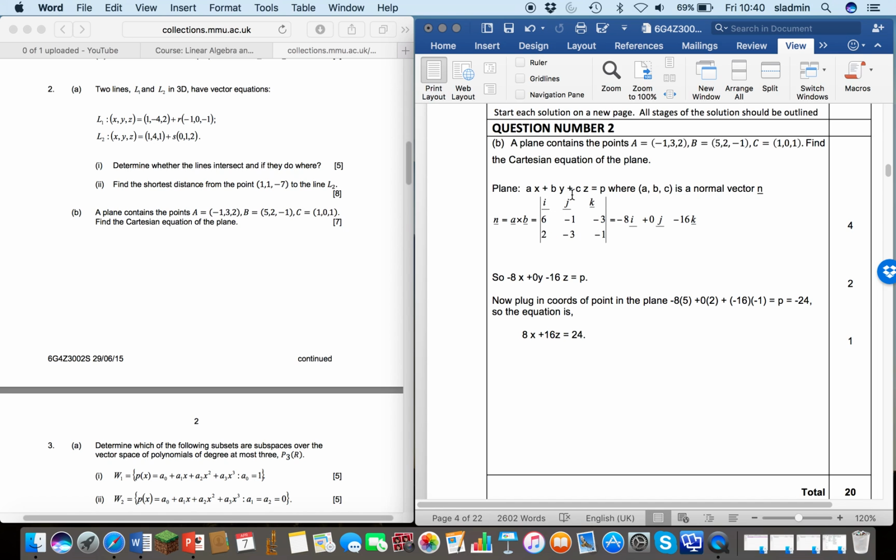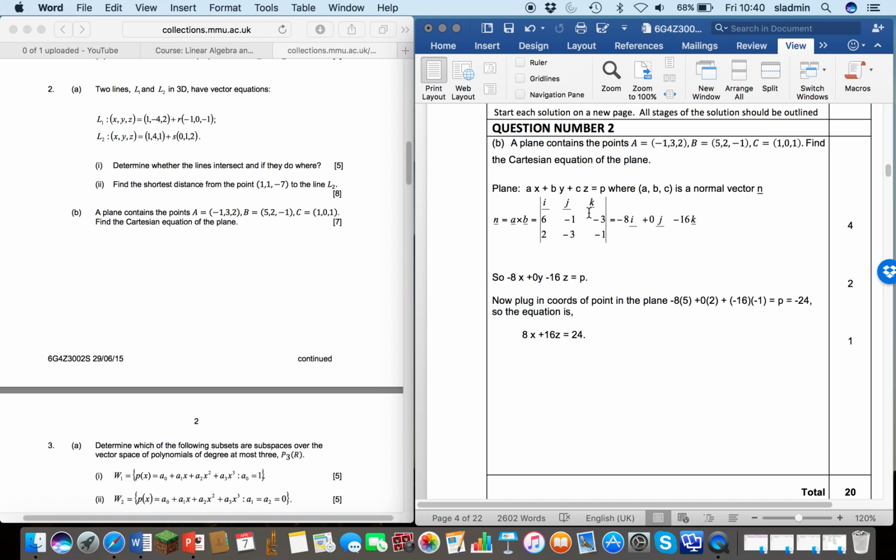To find the cross product, we take the determinant of this matrix. So the i component is this times this, take away this times this, so that gives us minus 8i. The j, remember we negate, so we have minus 6, and then plus 6 is 0, and we negate, it doesn't matter really. So the j term is 0.